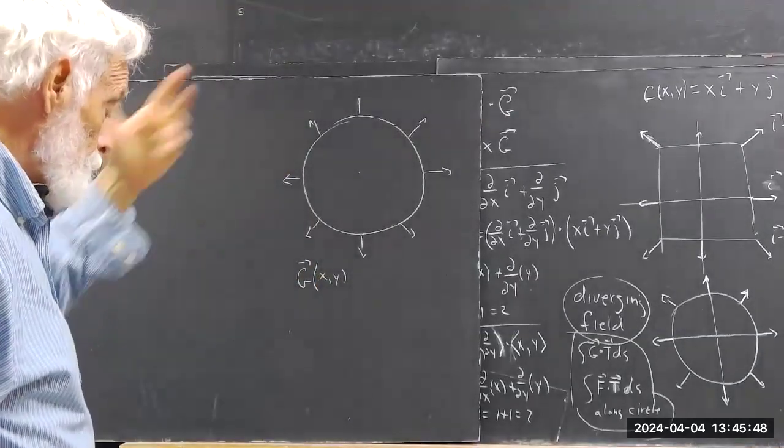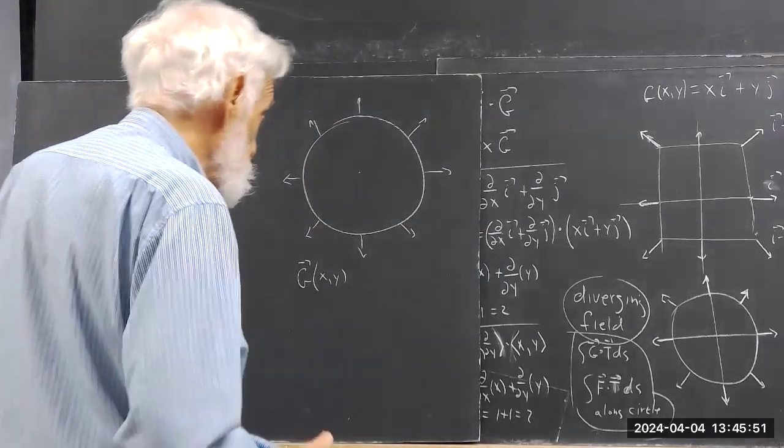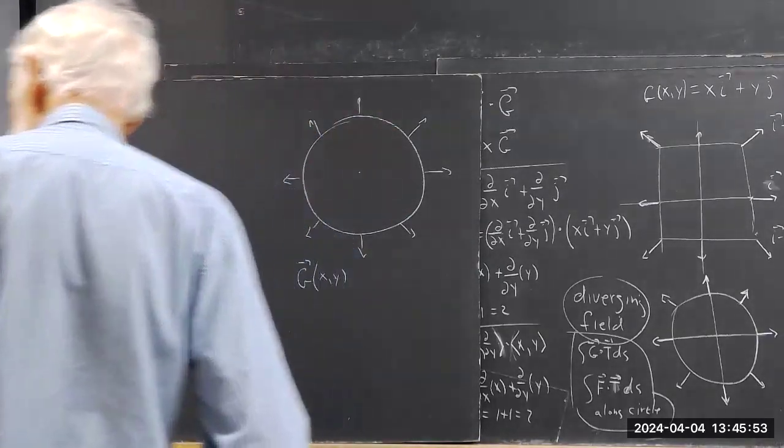So there's a picture that represents that vector field on this circle.